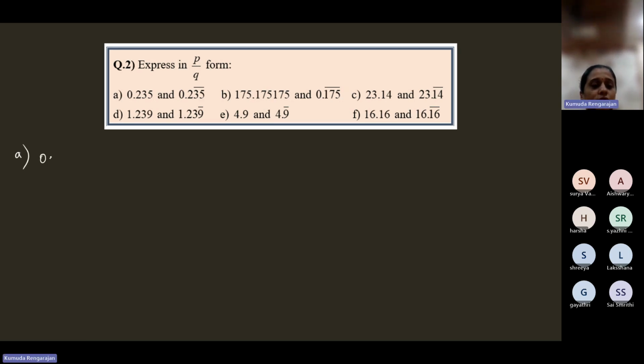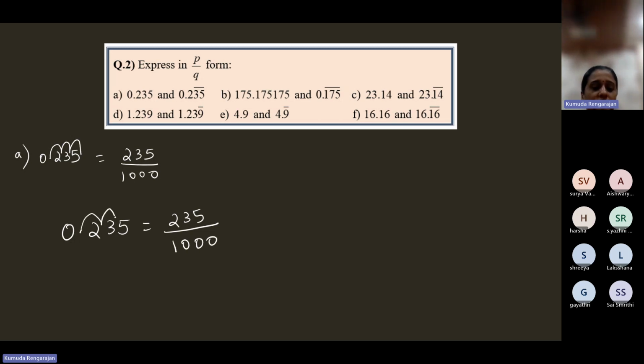So 0.235. This is familiar to you. This one is a terminating decimal, and we know how to write this in the P by Q form. It's nothing but 235 divided by 1,000, because you'll have to shift the decimal point by 3 places, so 3 zeros. 0.235 is equal to 235 divided by 1 followed by 3 zeros, because we'll have to move the decimal point by 3 places to the right.